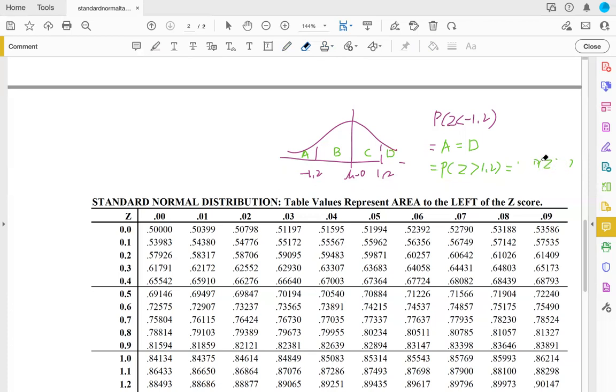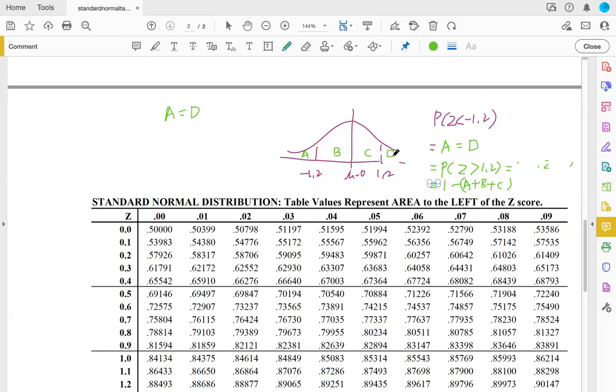But the table only shows the left side. So what I can do here is 1 minus (A plus B plus C). Agree? In order to get the D, I repeat, A equals D because they are symmetry.